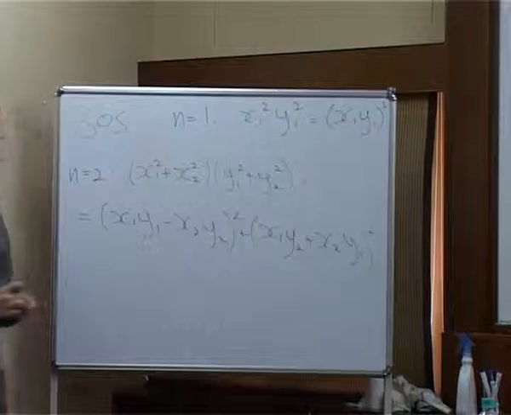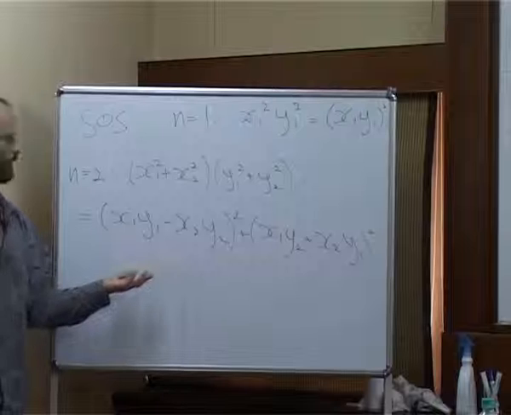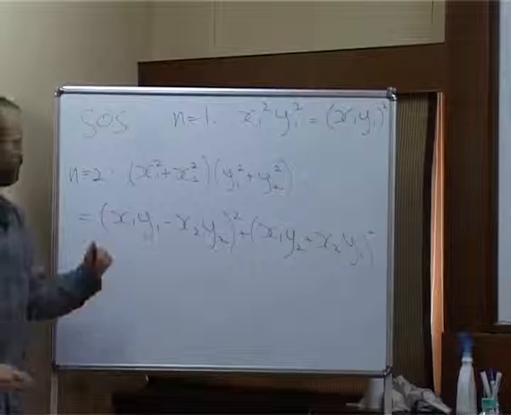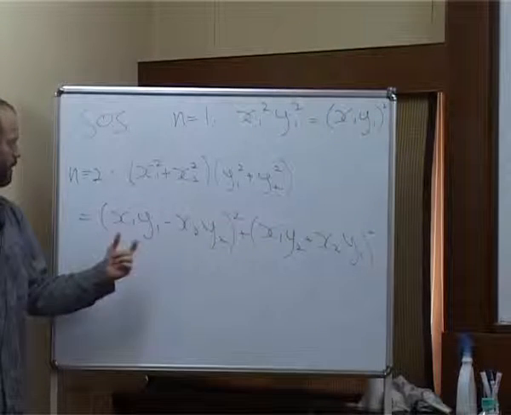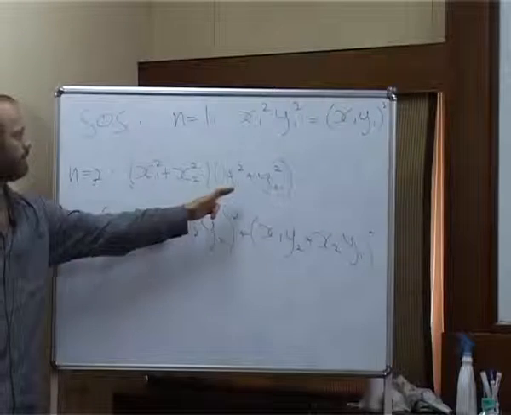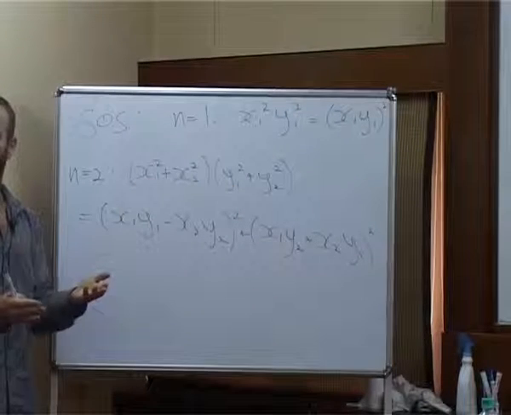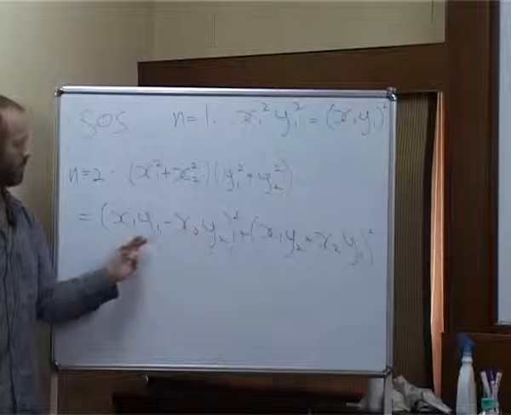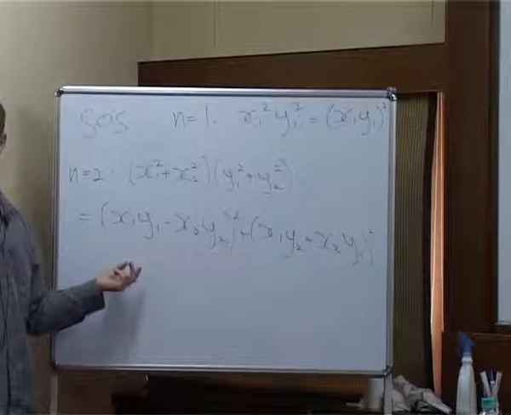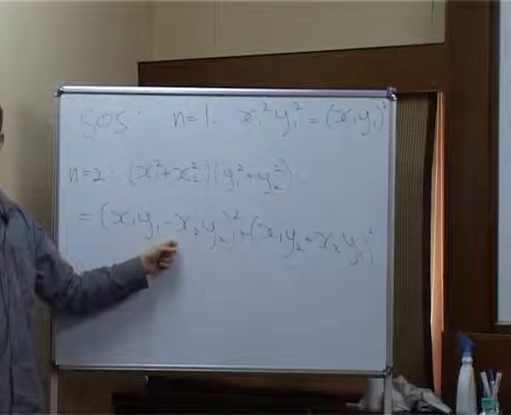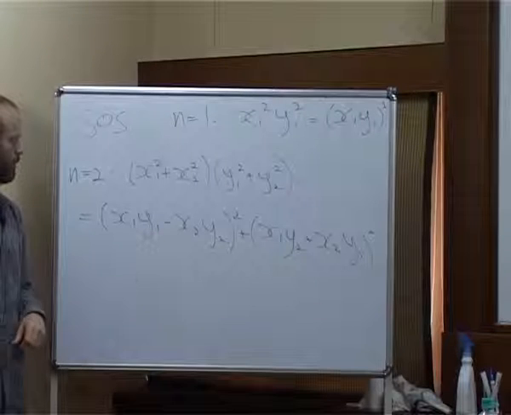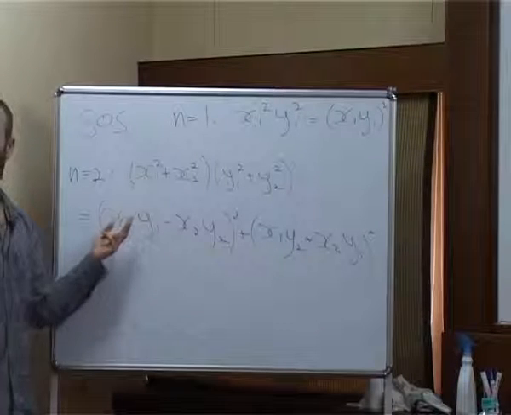You open up these things, there are 4 summands. Here you open up these things, there are 6 summands, but 2 of them cancel because they have the same sign. And what is this equality?